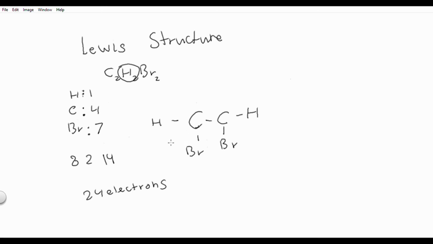Anyways, what we need to do is split these 24 electrons equally amongst every single one of these atoms so that they can all be happy. What I mean by happy is that every atom has 8 valence electrons.